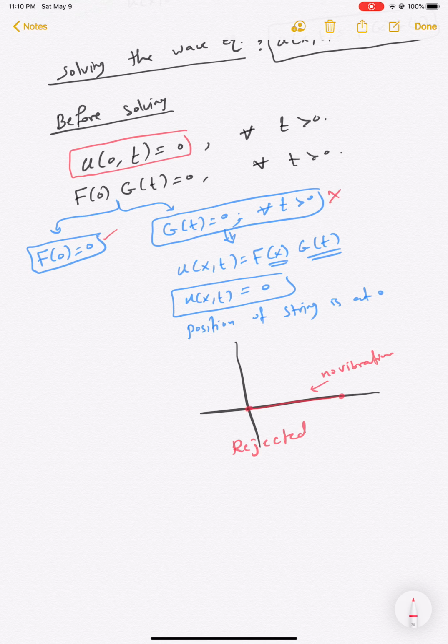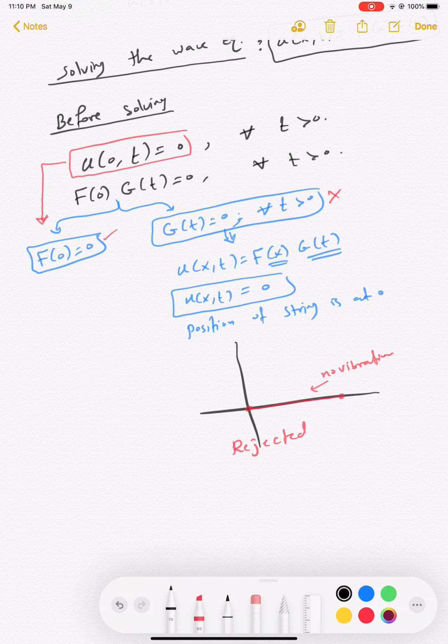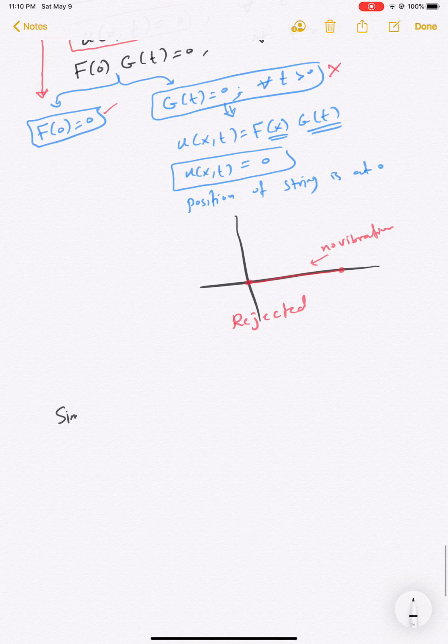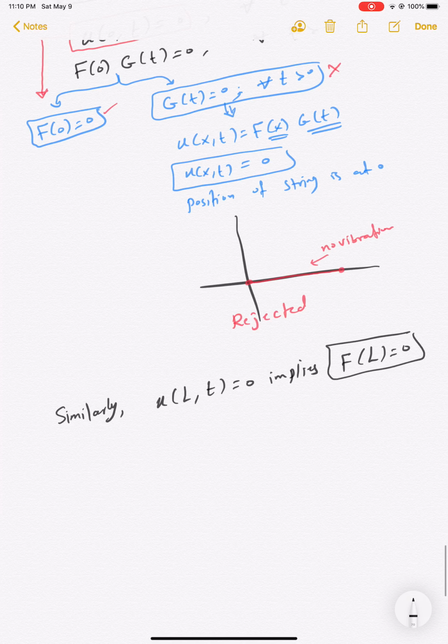So from the condition u(0,t) equals 0, we conclude that f(0) equals 0, and similarly the condition u(l,t) equals 0 implies what? It implies that f(l) equals 0. So basically we have two conditions before we start our solution.